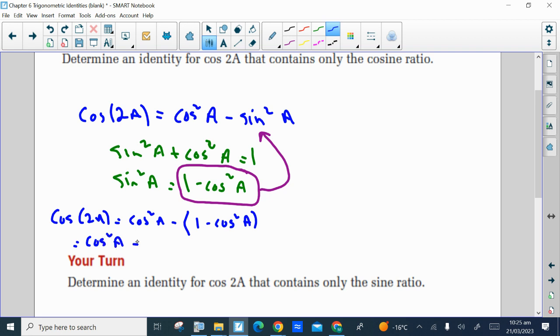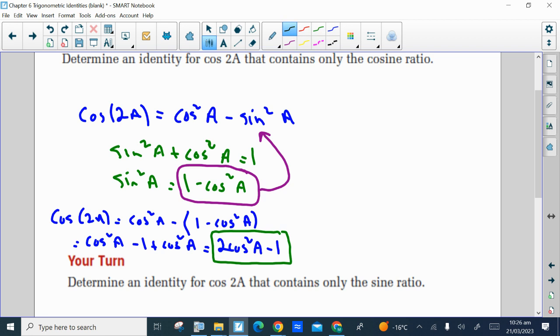When you remove the bracket, the 1 will become negative, the cos squared A will become positive, and then that cos squared A combines with the first cos squared A to give us 2 cos squared A minus 1. That is one of the variations of cos 2A. When we saw it earlier today, we said that cos 2A equals cos squared A minus sine squared A. That is true. But now we can also say that it equals 2 cos squared A minus 1. That's a second variation of the double angle identity for cosine.